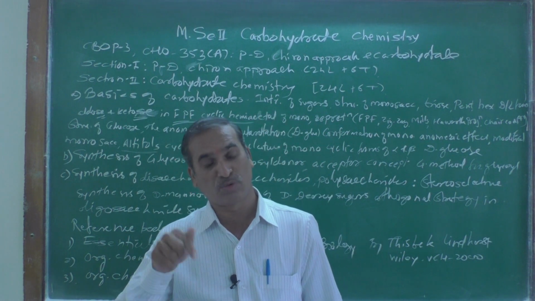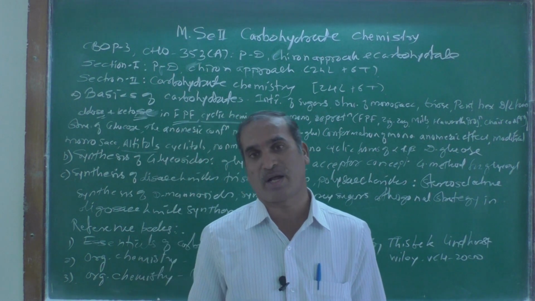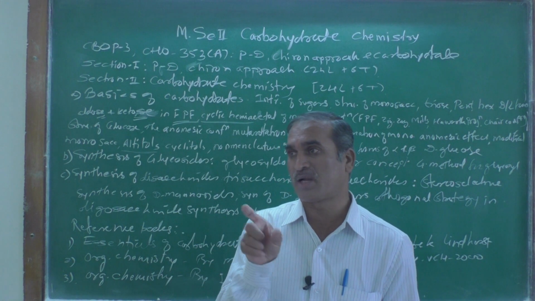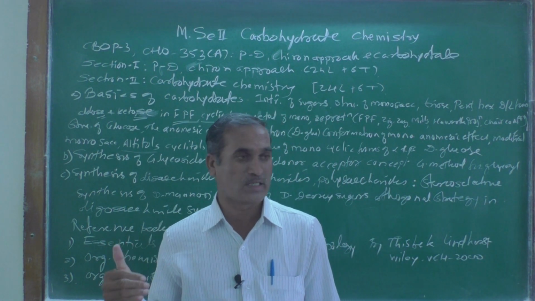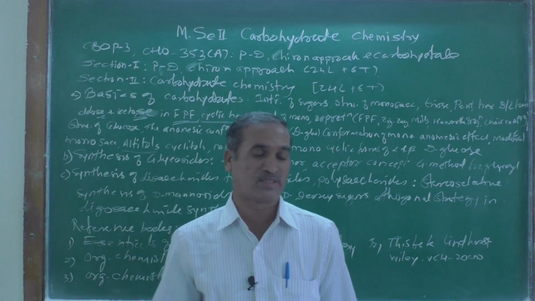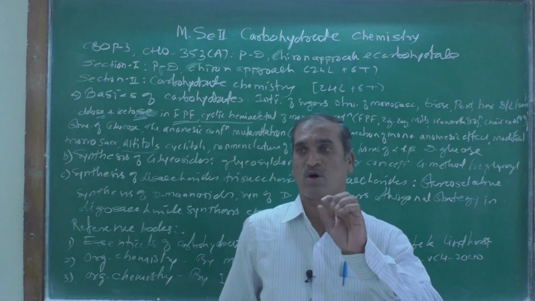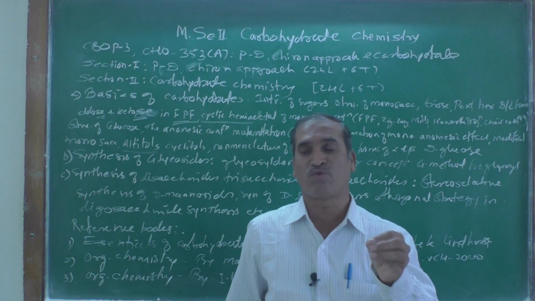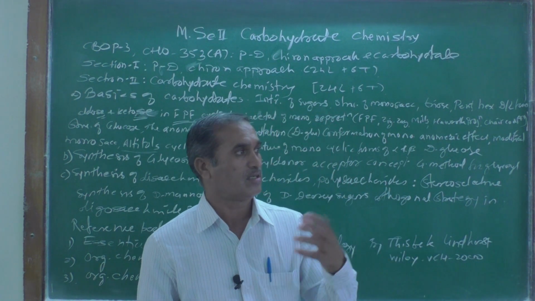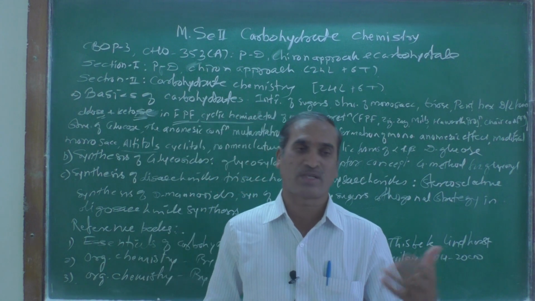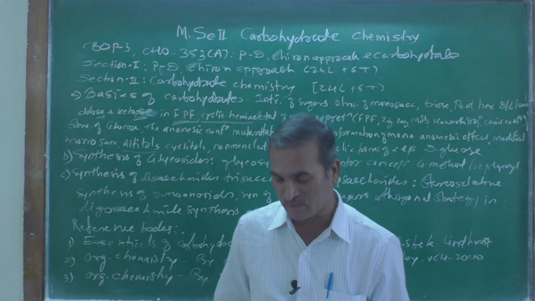The hydroxy group which is present at the fifth carbon atom, the lowest chiral center. As we know, chiral means the carbon atom carrying 4 different groups is known as a chiral center or chiral carbon atom, or we can call it an asymmetric carbon atom.